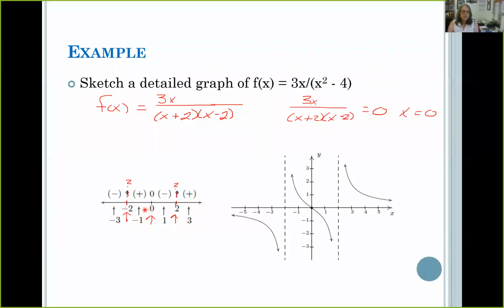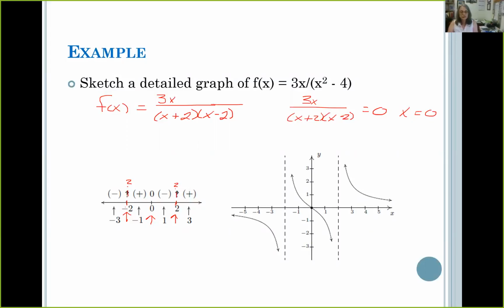If we test between negative 2 and 0, for example with negative 1, we'll find that our function is positive. Test between 0 and 2, for example at 1, and we find that it is negative. And we test above 2, for example at 3, and find that our function is positive.